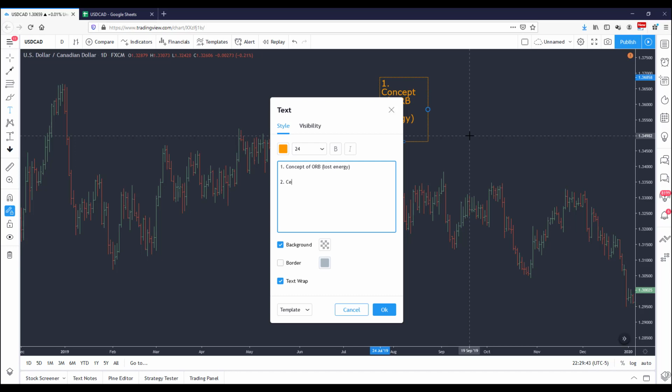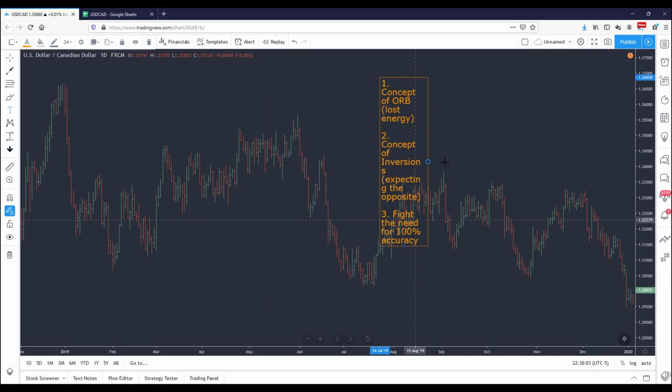Second thing you need to understand is the concept of inversions, and that's expecting the opposite. And I'll give you an example. And the third thing is you want to fight the need for 100% accuracy. Okay, let's have a look at these.